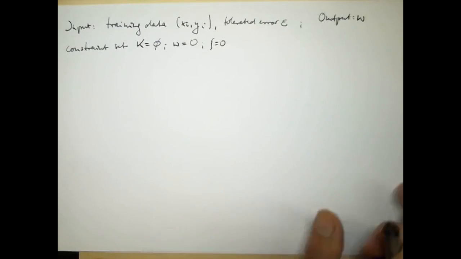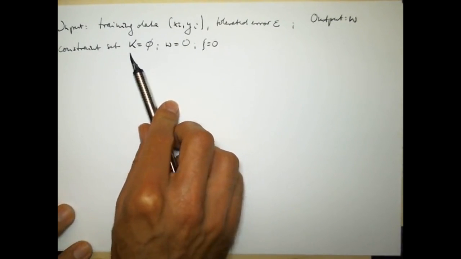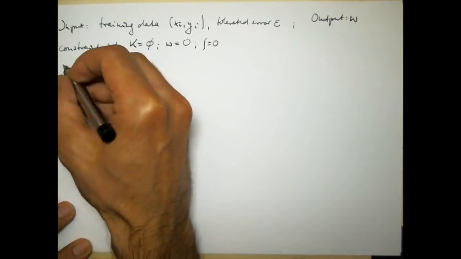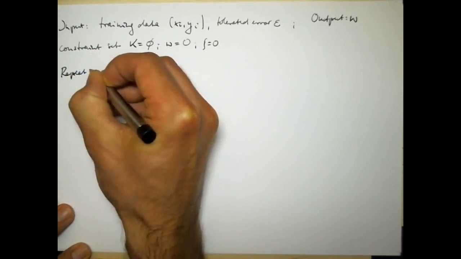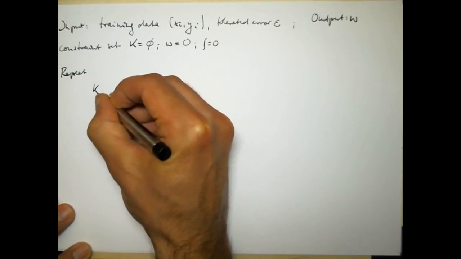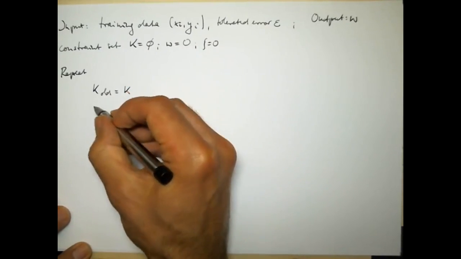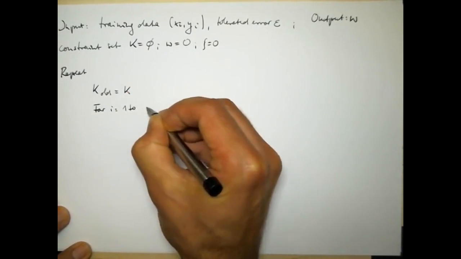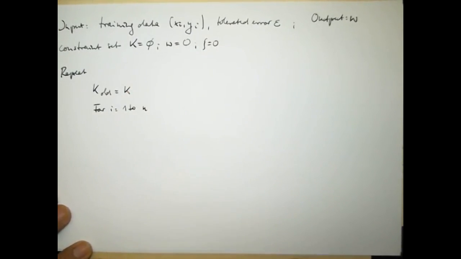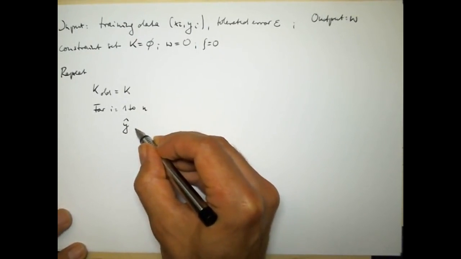And this is why we start with an active constraint set now, and then repeat the following. We remember the old constraint set. And then have a loop over all training examples and ask for the most wrong prediction.